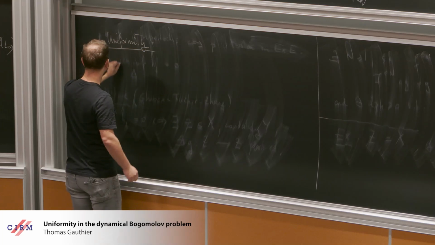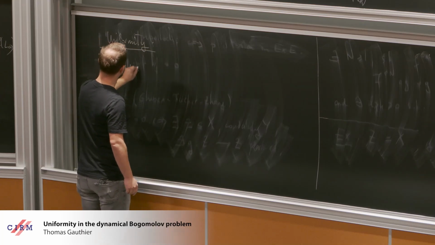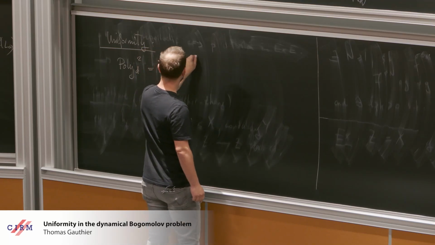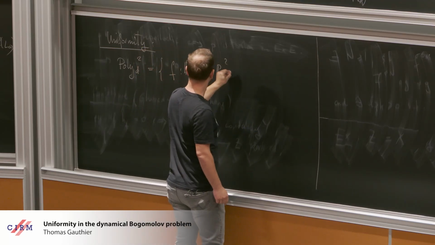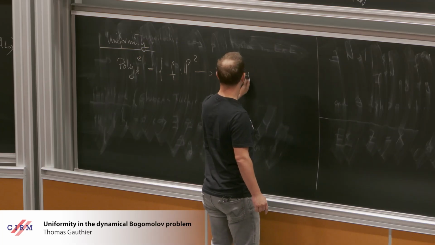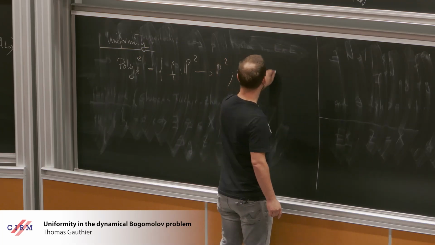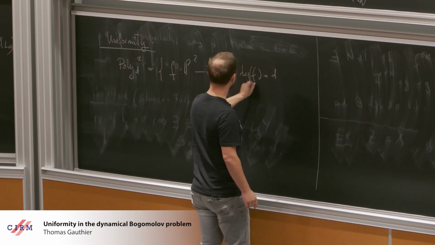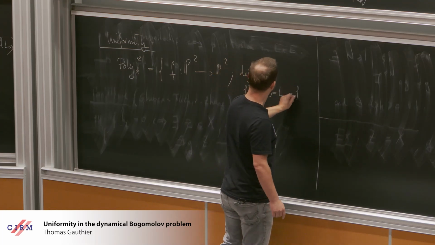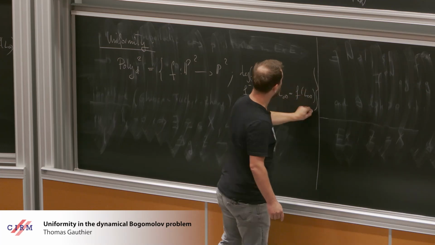You let Poly_d^2 be the set of maps from P2 to P2 so that the degree of f is d, and the line at infinity in a given chosen affine chart is totally invariant.